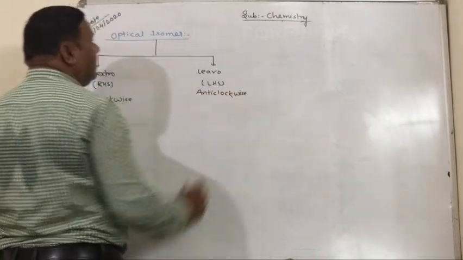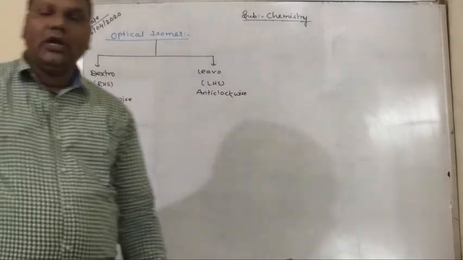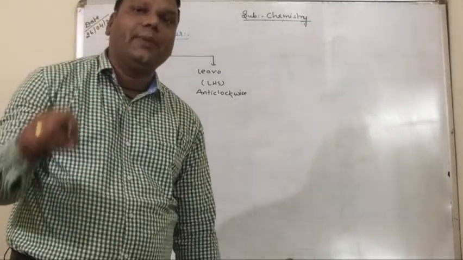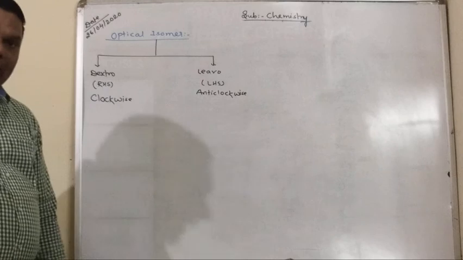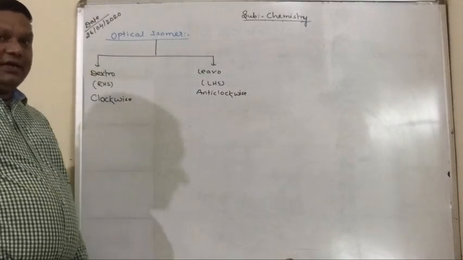Now important thing is optical isomers are shown by compounds having at least one asymmetric carbon atom.